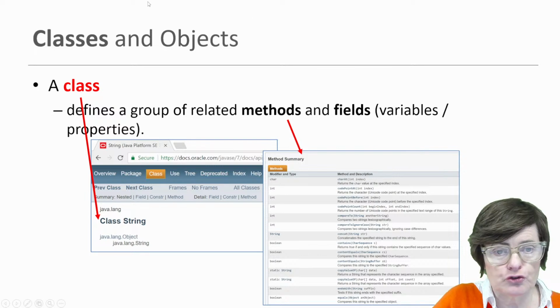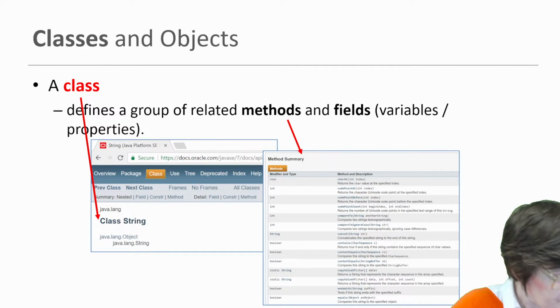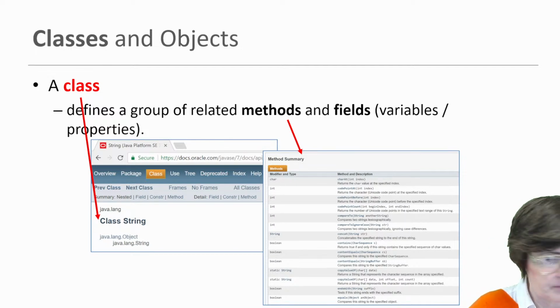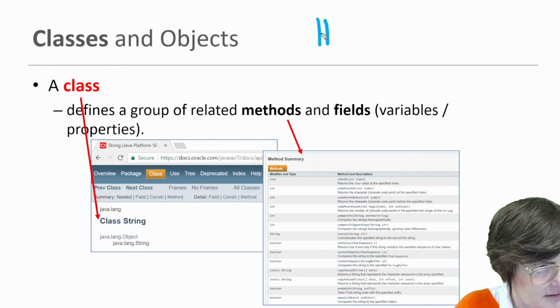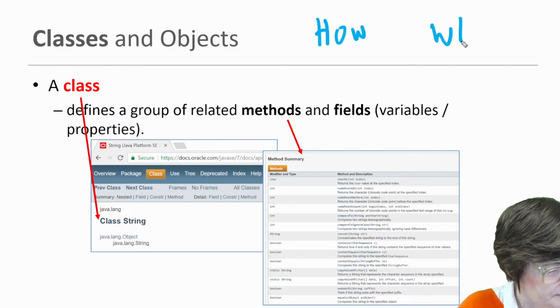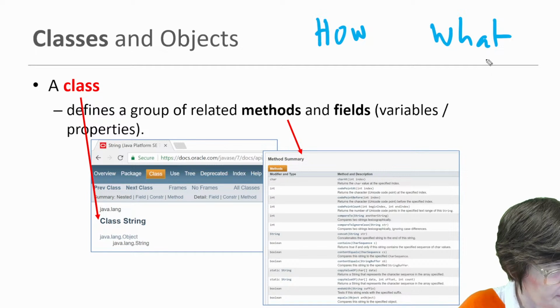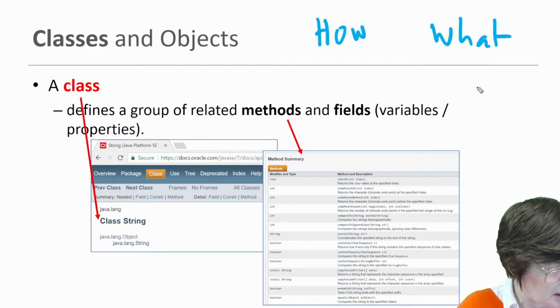So remember, we have two really important words in any kind of design: how and what. It's called an interface, an application interface.